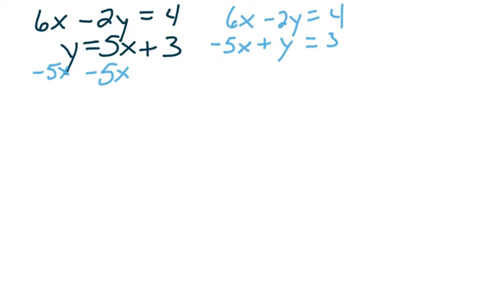Again, now I'm solving for my x first. X is equal to, and I like to fill in my coefficient matrix first on the bottom. 6, negative 5, negative 2.